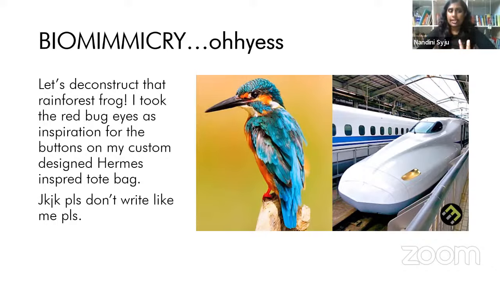Rather, it's incredible how much they maintain their momentum to grab their prey. And this happens because of their uniquely shaped jaw. And this exact feature is what they've picked up from the kingfisher and implemented into the Japanese bullet train. So this is one example of biomimicry.